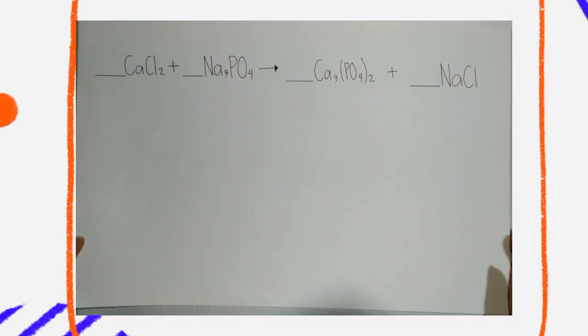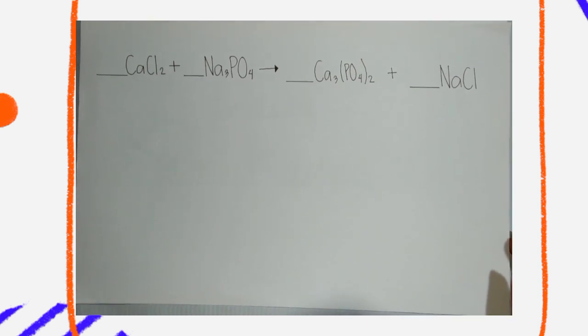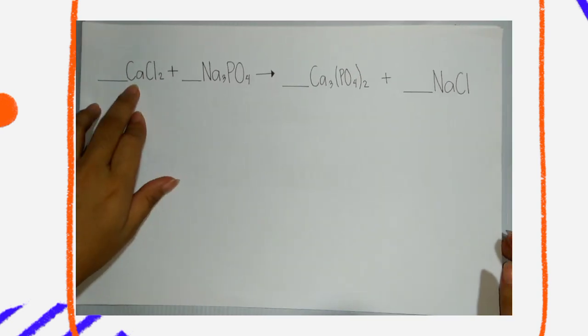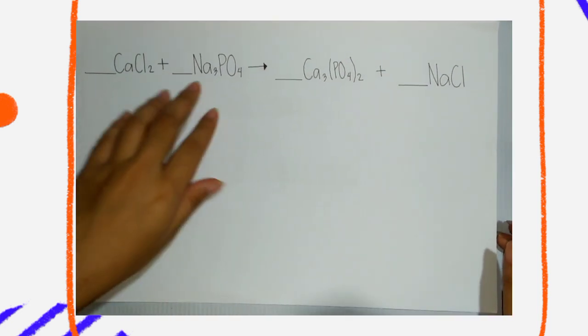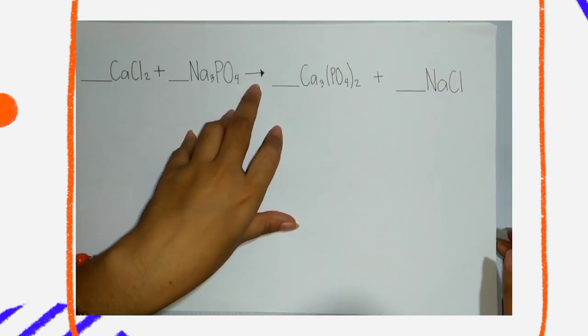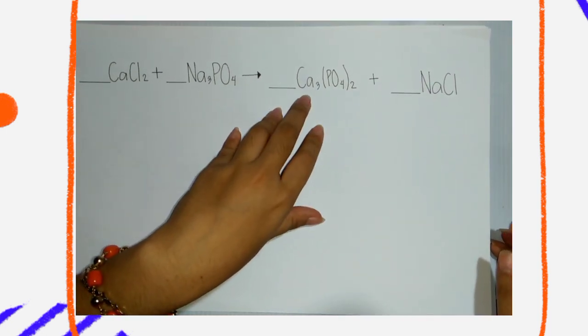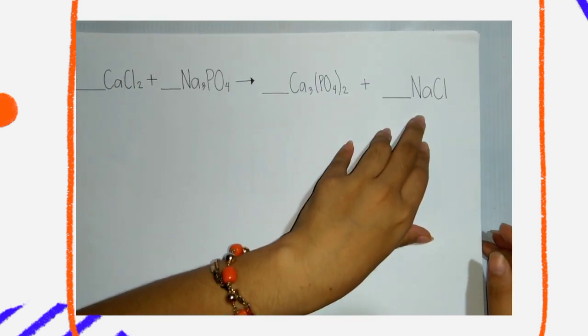If we are going to read this sample chemical equation, it can be read as calcium chloride combined with sodium phosphate, and it will yield calcium phosphate combined with sodium chloride.